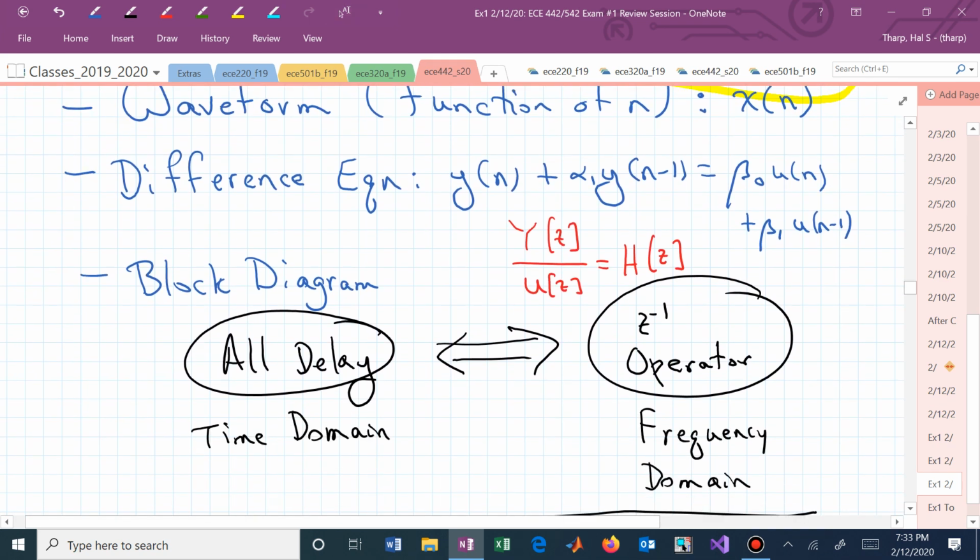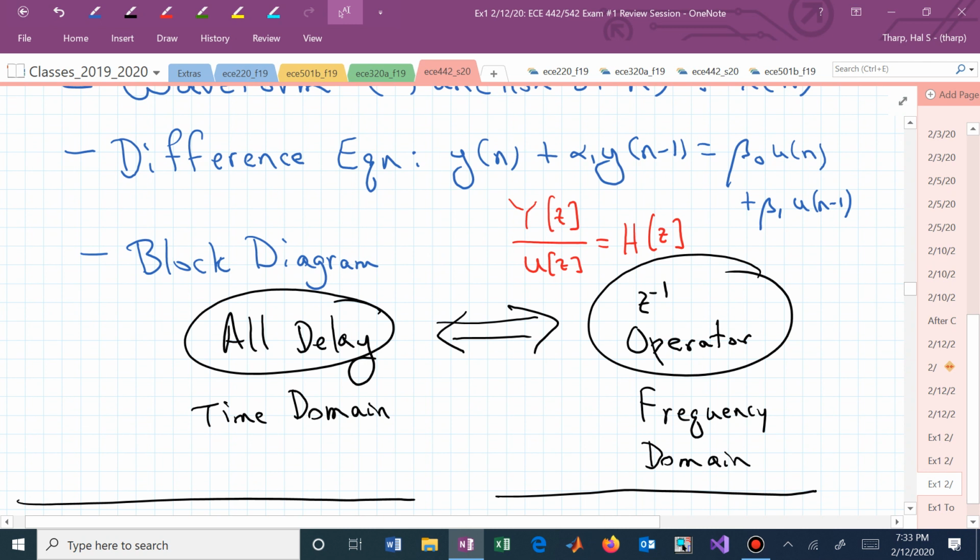If I give you an all delay block diagram, I hope you know it's trivial to find the z-domain or the frequency domain version of that block diagram. You simply erase the delay operator in the time domain and replace it with a z to the minus 1 operator.